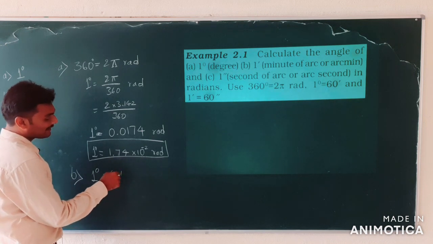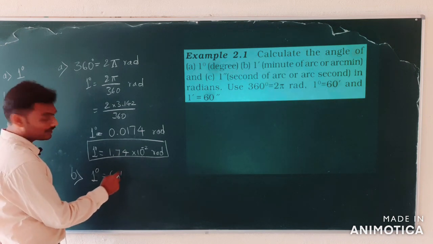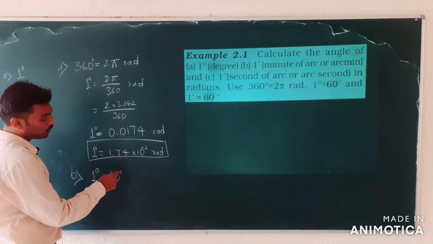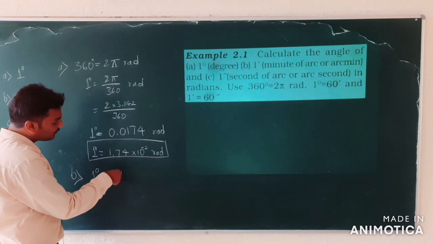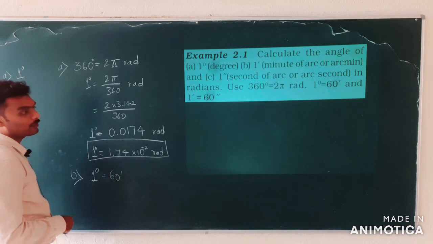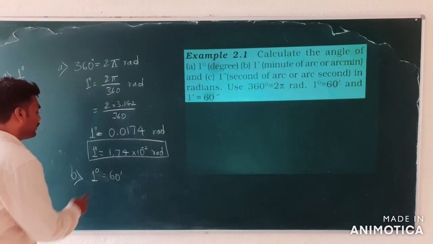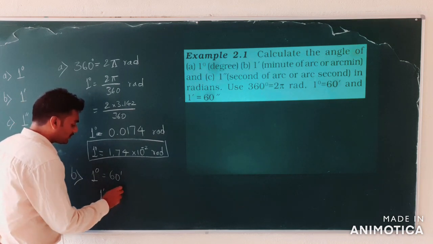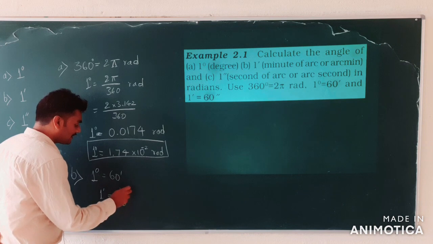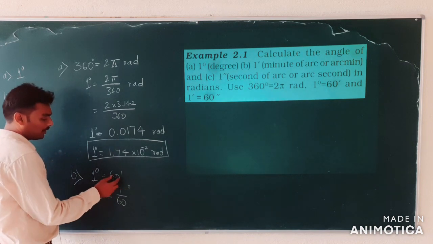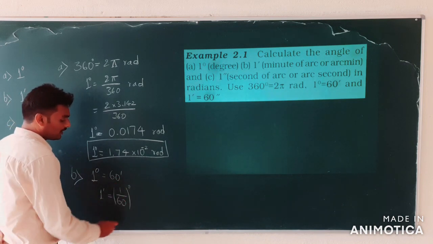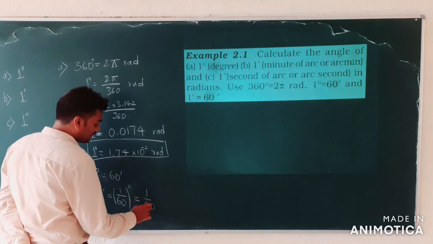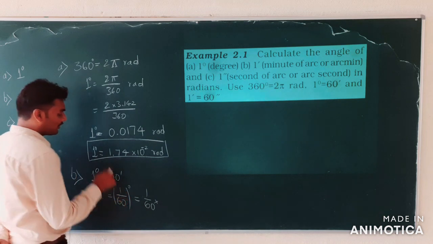If I put a single line like this, then it's going to represent minute. If I put 2 dashes or 2 lines like this, that will represent seconds. 1 degree is equal to 60 minutes, which makes 1 minute is equal to 1 by 60 degree, right? 1 minute is equal to 1 by 60 into 1 degree.